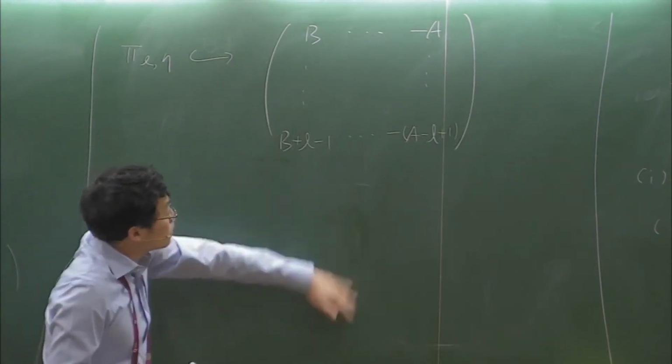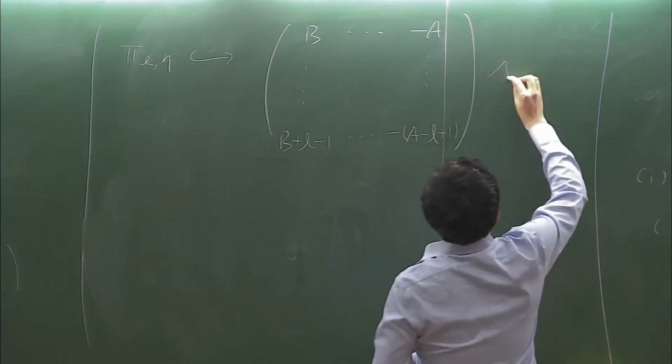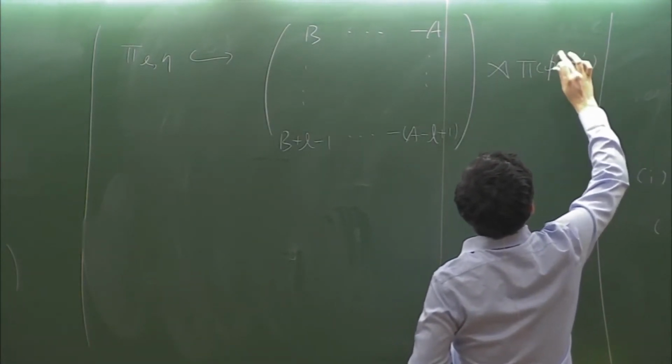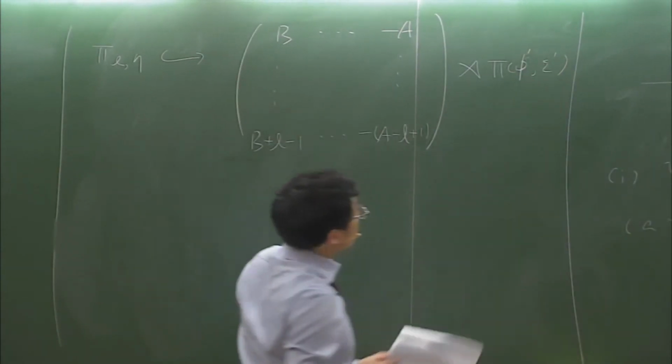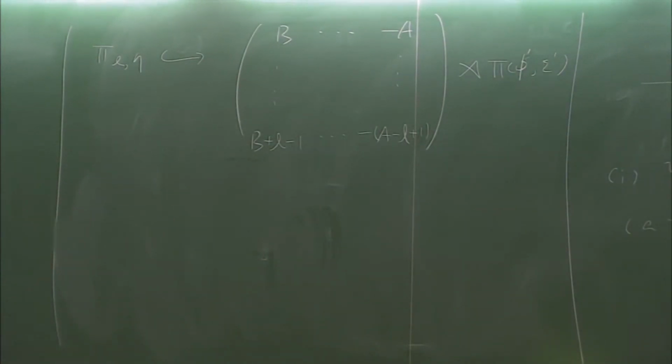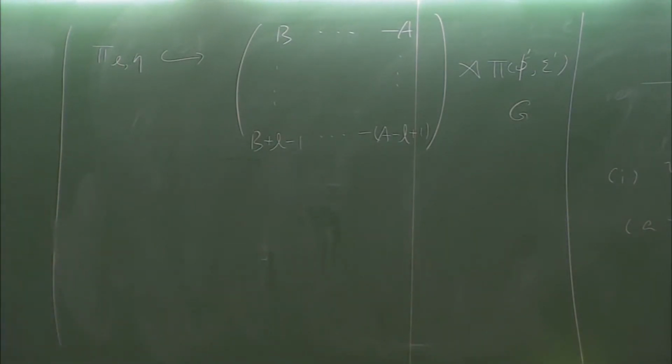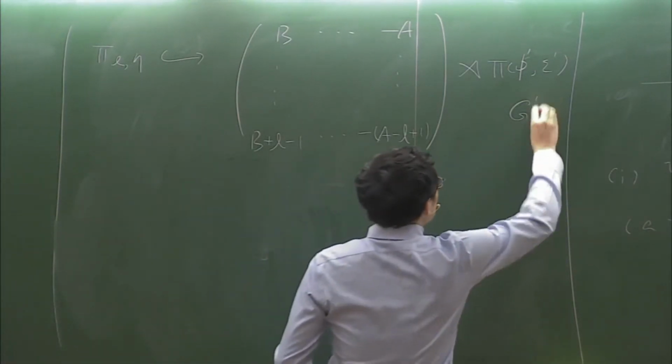Okay, and then we have a representation on a group which is of the same type as G, so it's going to be either special orthogonal or symplectic, which I denote by G prime.